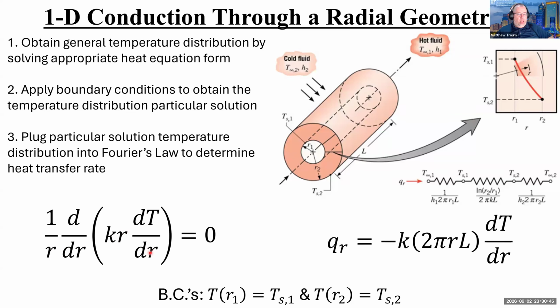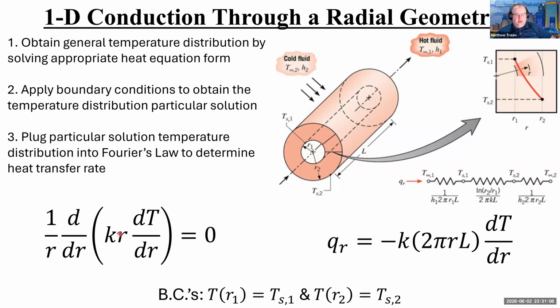But I end up taking this temperature derivative, multiplying it by R, and then taking this derivative with respect to R, and then dividing the whole thing by R to get to my solution. So as I mentioned before, sometimes some weirdness happens because of these R's that are kind of littered through the derivative. Okay, so we're going to start with this.